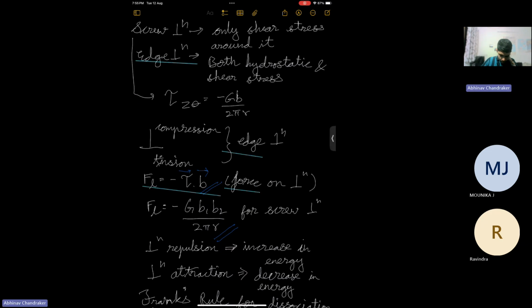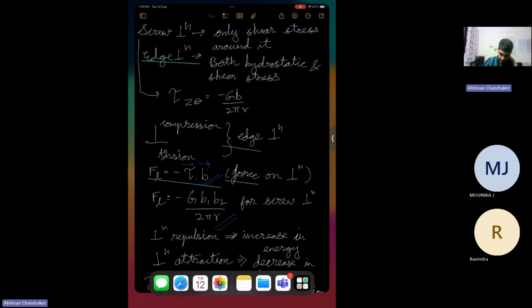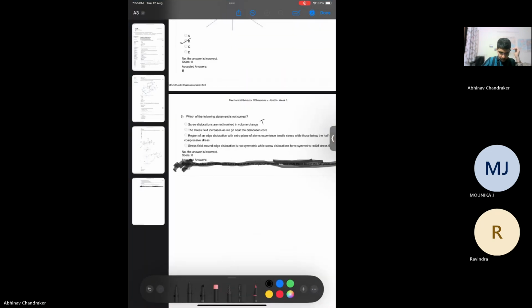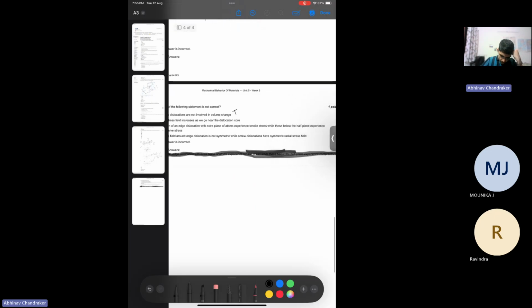So shear stresses change as 1 by r. The higher the value of r, the smaller the stress. So it's inversely proportional.